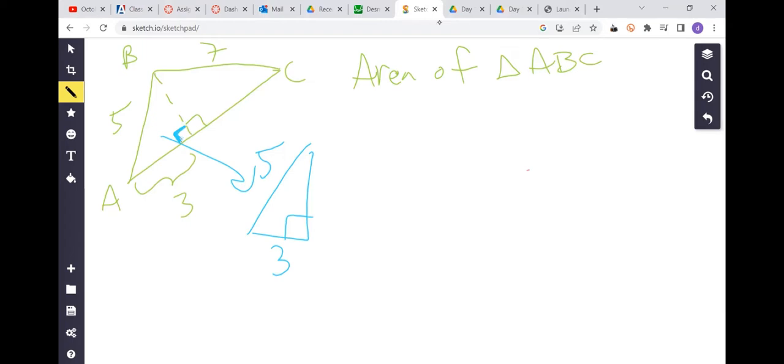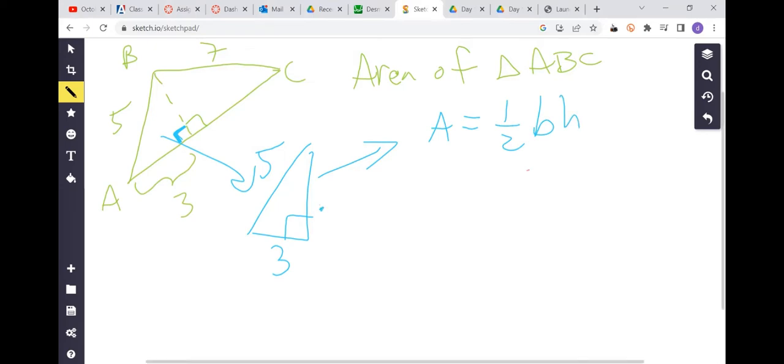Now, because it's a right triangle, I'm thinking 1/2 base times height. But I don't know the height, this here. But I can go Pythagorean theorem. We can go 3 squared plus x squared equals 5 squared, where this is x right there.